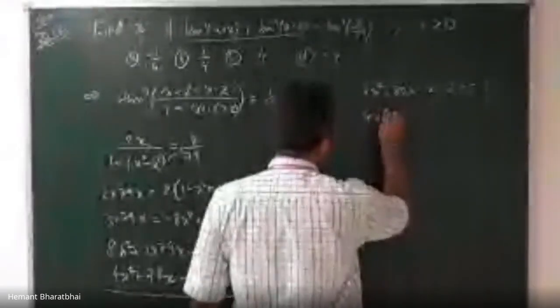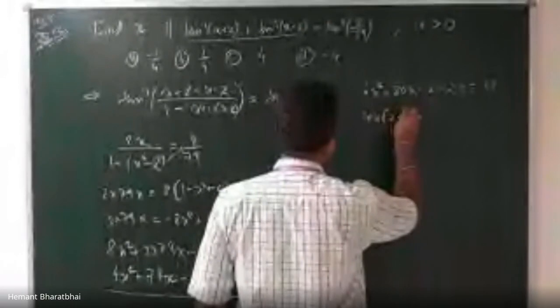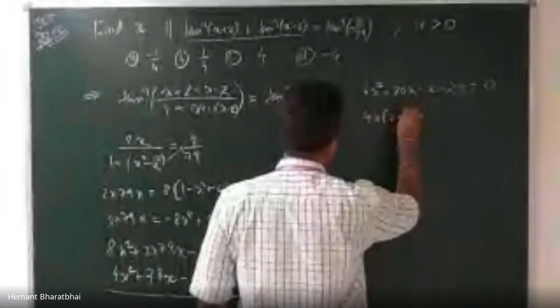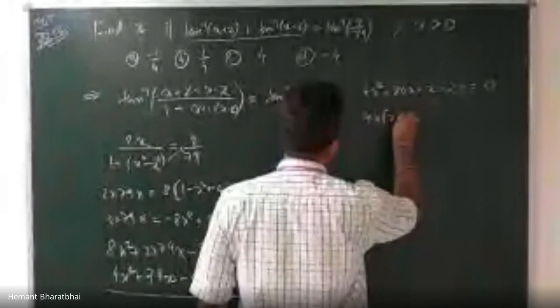So your constant is 4 times 20, that is 80. So 4x square plus 80x minus x minus 20 equals 0. Here I can take 4x common, so here I'll get (x plus 20), and here minus 1 is common, so (x plus 20) equals 0. You get (4x minus 1) equals 0, or (x plus 20) equals 0.